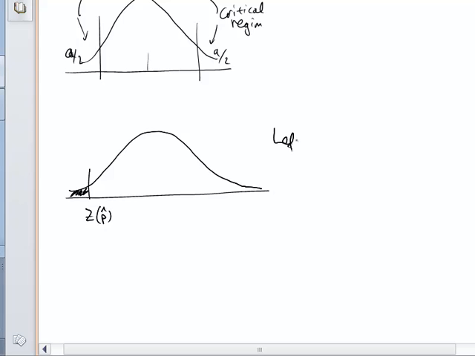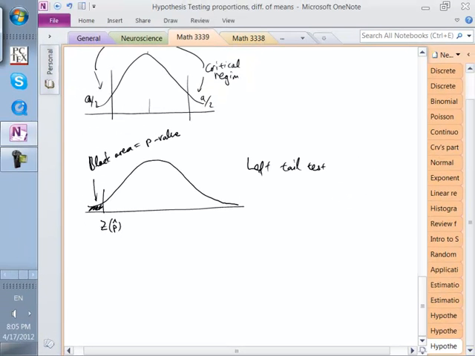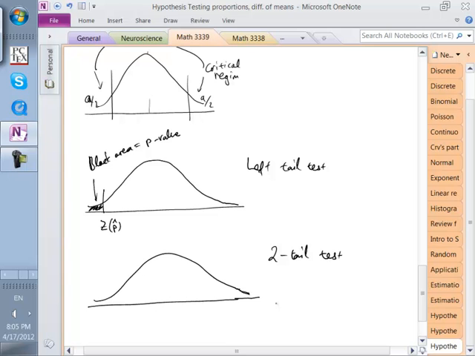So for a left tail test, the black area equals the p-value. But if we have a two-tail test, things change slightly in the following way. The value z of p hat, the value of our statistic, can fall either to the right or to the left.